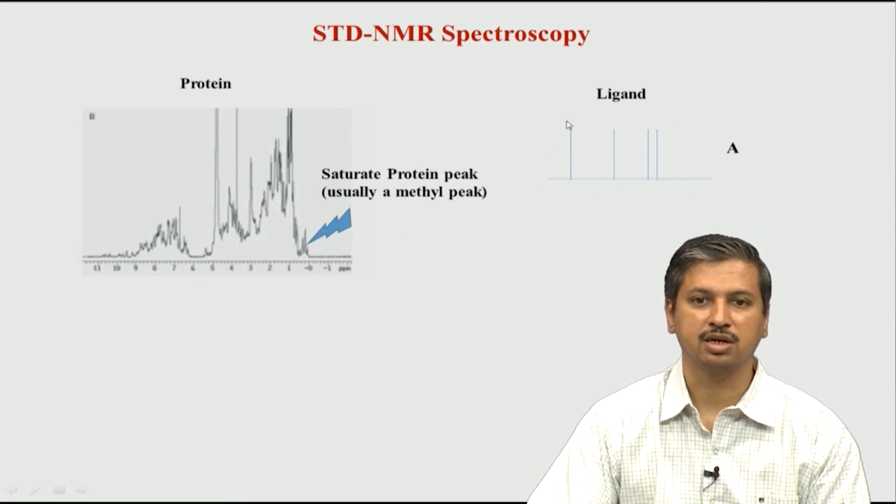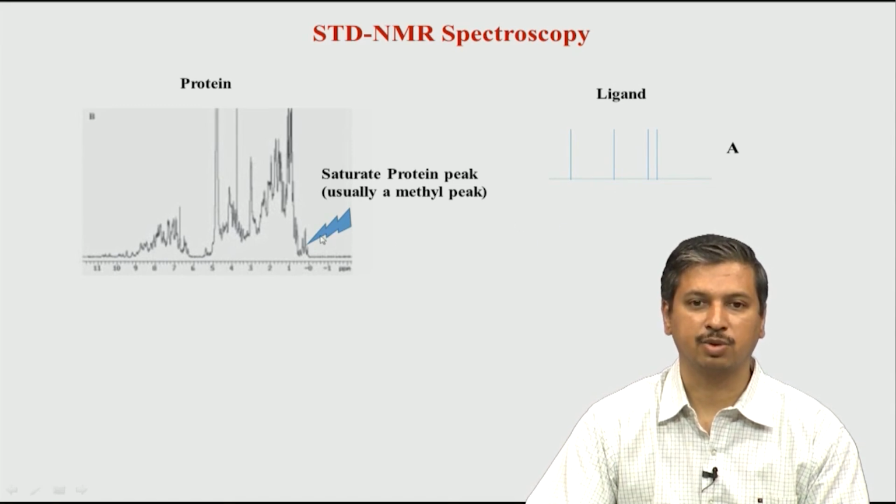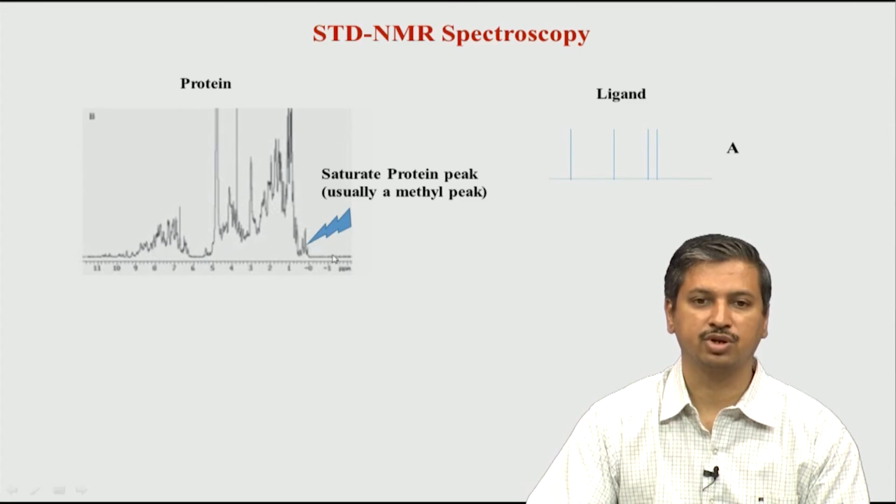Now, you saturate this peak. Let us say our ligand spectrum is something like this. This is the free ligand, we will call it A. First is only the ligand, where I do not saturate anything, it is the free form of the ligand. Then I saturate my protein, and how is the saturation done?